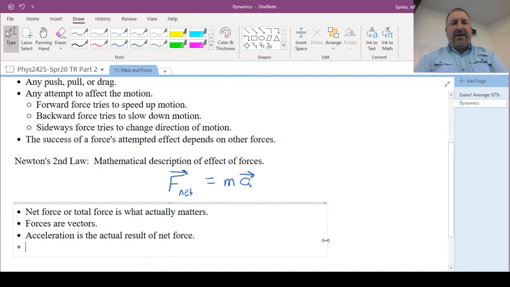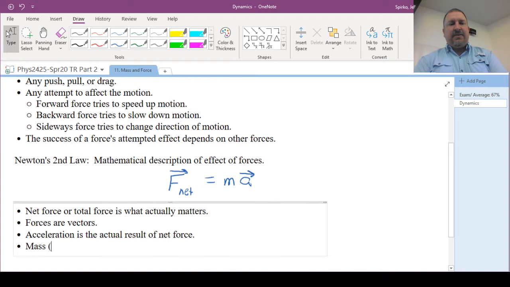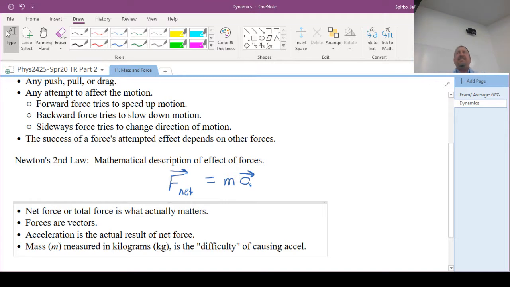So the final quantity here is mass, the m value, measured in kilograms. We talked about that on units day. It is a difficulty factor in this equation.